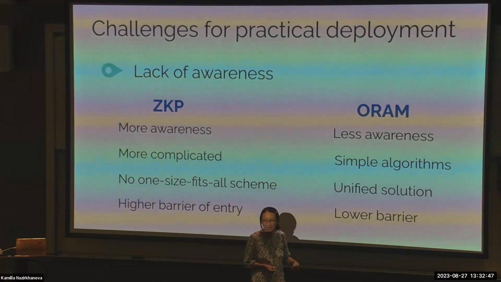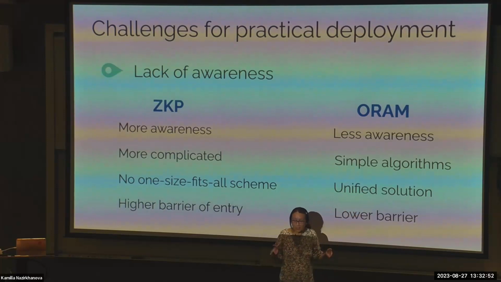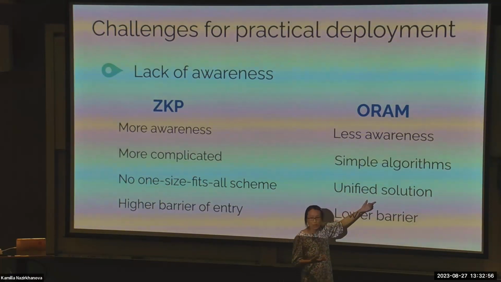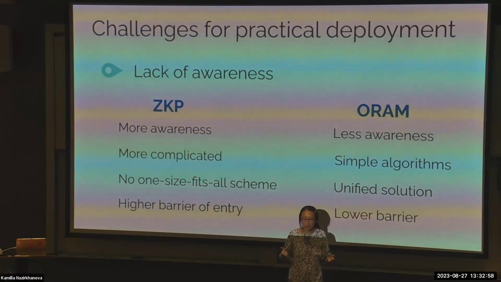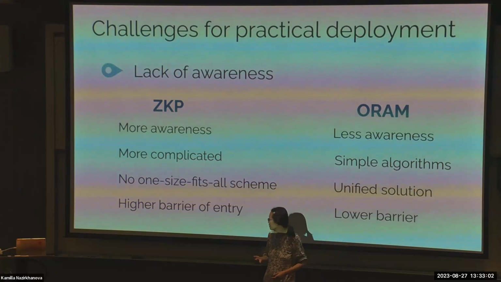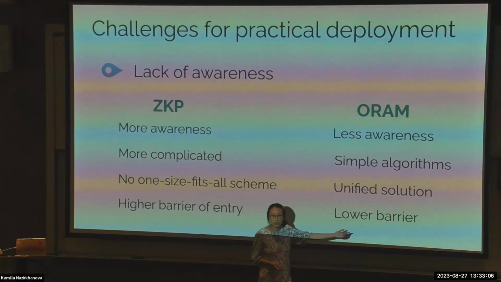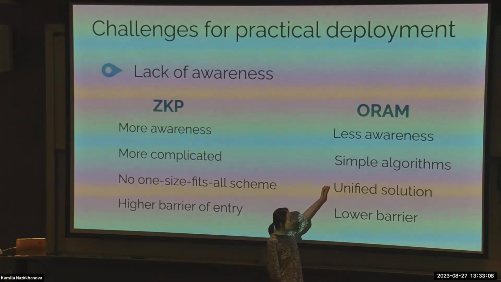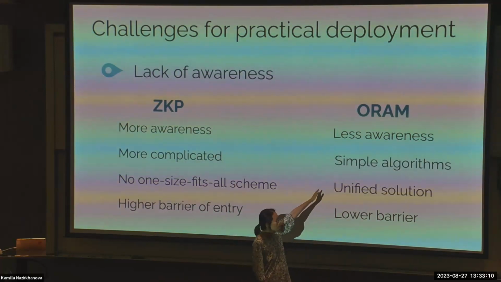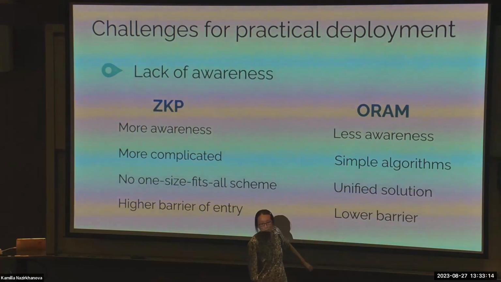Even though there's less awareness in the community about ORAM, these Oblivious algorithms are very simple. They're simple algorithmic techniques. There's pretty much a unified solution for any computational task you want. And actually the barrier of entry for developers should be much lower for ORAM than zero-knowledge proof, because from a theoretical or scientific perspective, this line of work is much more mature.